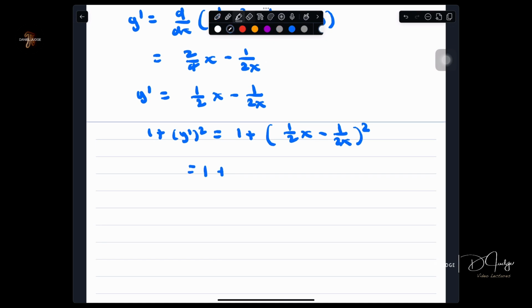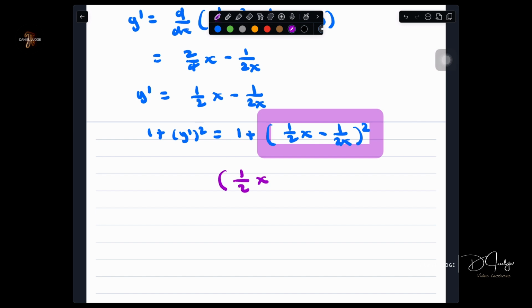So let's just focus on some algebra here. And like previous problems associated with surface area and even arc length, I want to remind you that at this step here, you're going to see again that perfect square trinomial situation here.